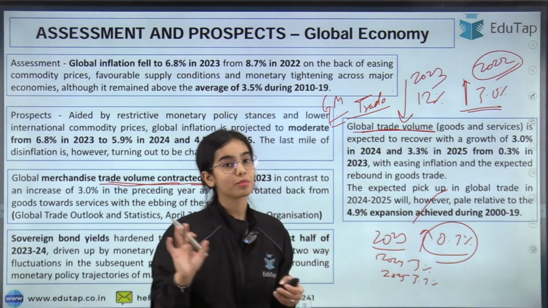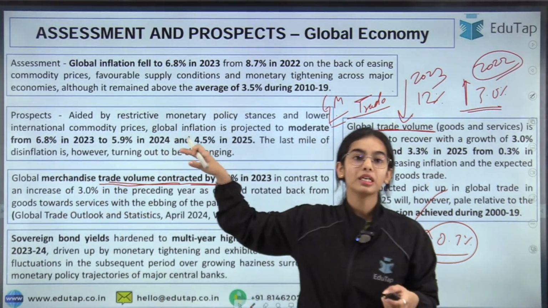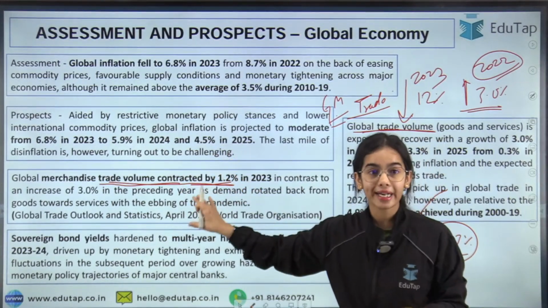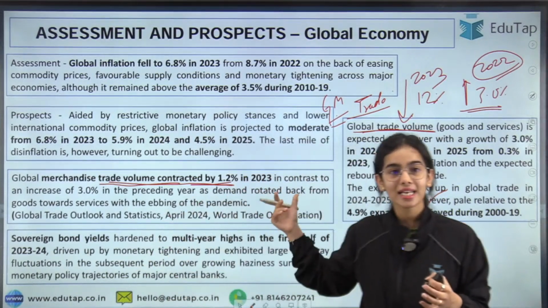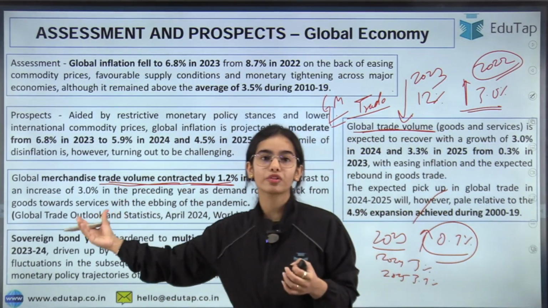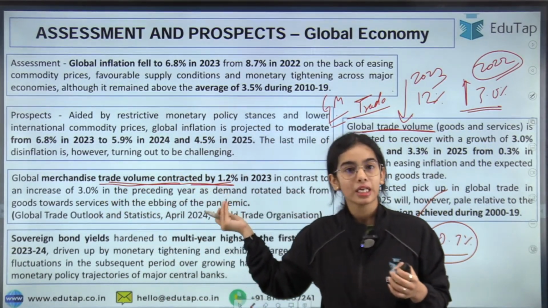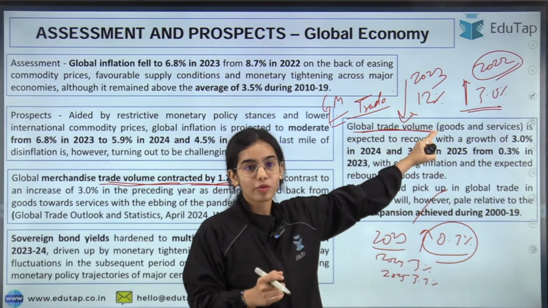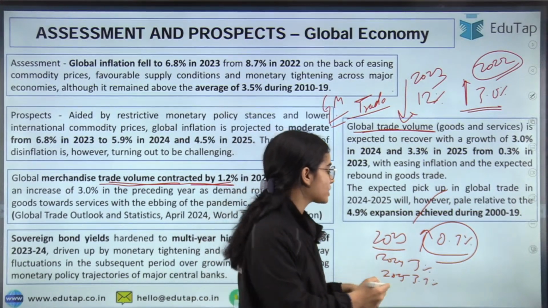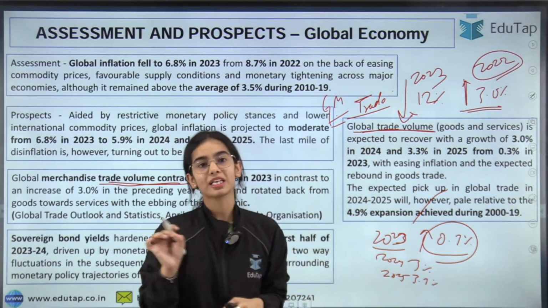I hope it is very clear that the global goods trade contracted by 1.2% means decreased by 1.2% as against the increase of 3.0% in the preceding year. So in 2023, the global merchandise trade decreased by 1.2%, while the services trade increased by 0.3%.